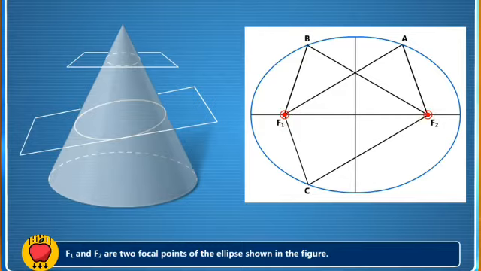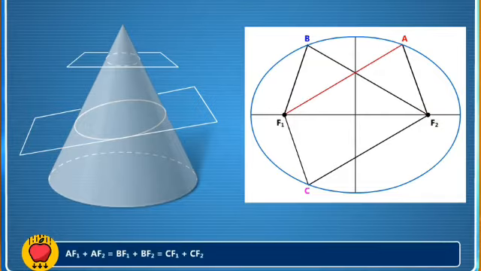F1 and F2 are the focal points of the ellipse shown in the figure. If A, B and C are 3 points on the ellipse, then AF1 plus AF2 equals BF1 plus BF2 equals CF1 plus CF2.